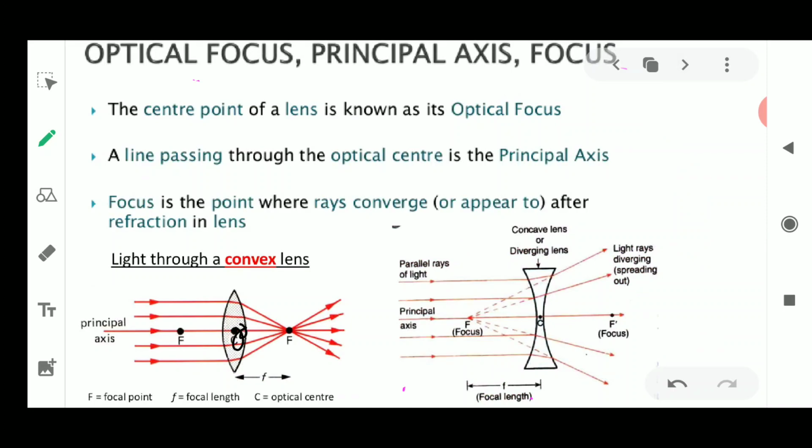Both diagrams show you the focus and principal axis. They also show you the optical center of both the lenses. So we discussed the concave lens and the convex lens.